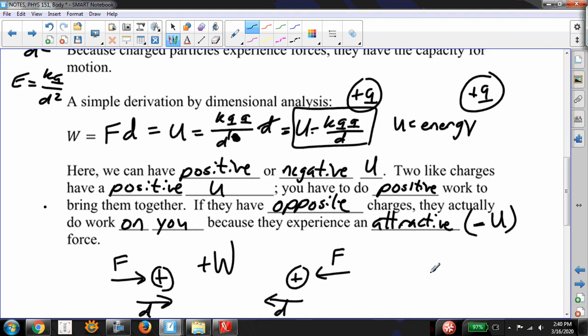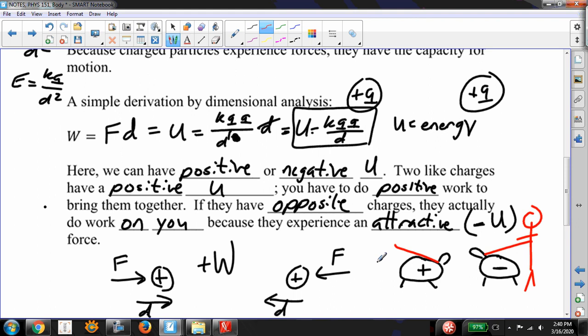Having a positive and a negative charge, say I have a positive charge here and a negative charge here, I like to think of them as two dogs. I know these don't look like dogs, but two dogs that look like they're about to fight, and their owners are holding them back, because a positive and a negative charge want to attract to one another. And so while our displacement is in this direction, the force that you are applying is actually in that direction, that you sort of have to hold it back and let them come up close to one another. But you're doing then here negative work.